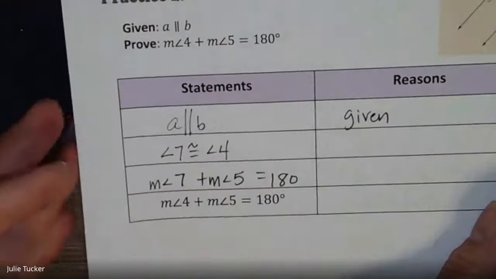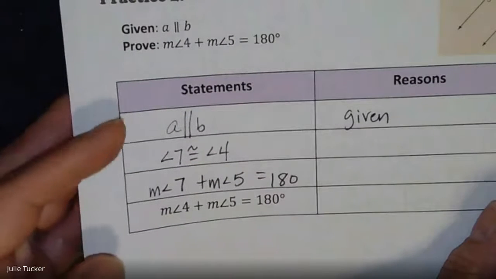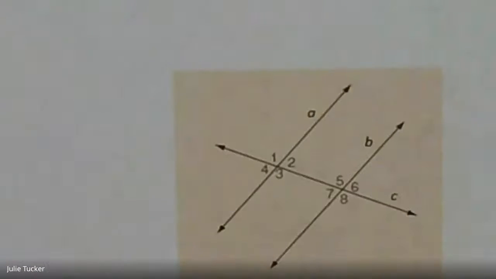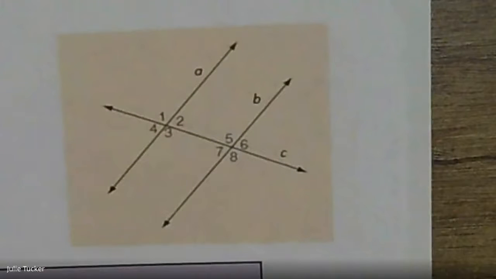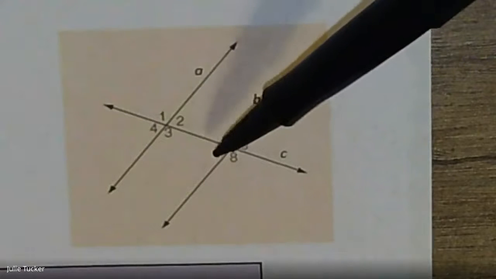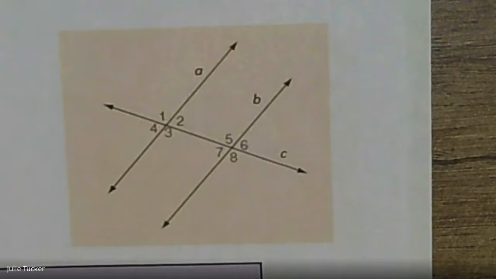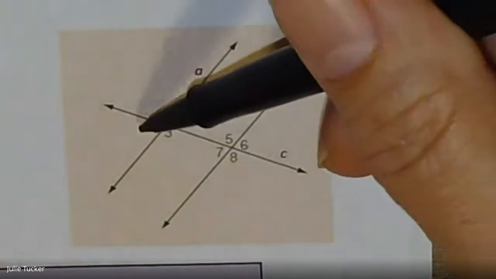Now let's go look at what kind of angles 7 and 4 are. All right, so here is 7, here is 4. 7 is here and 4 is over there.